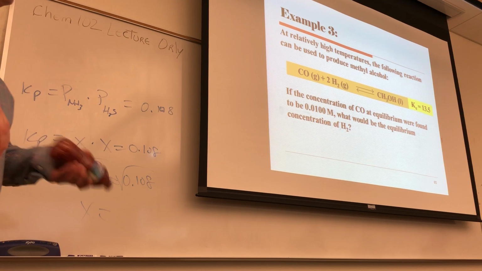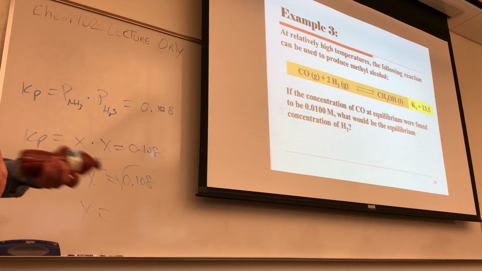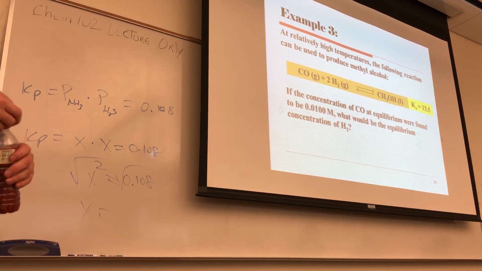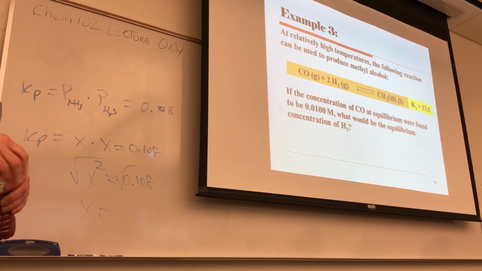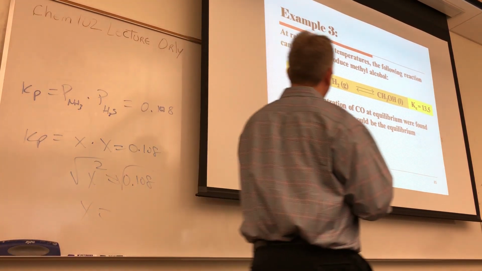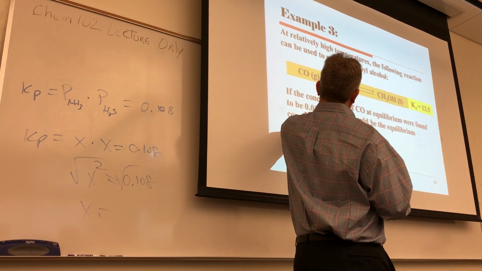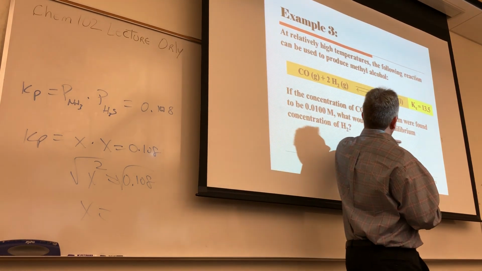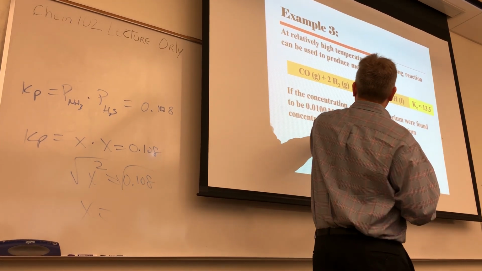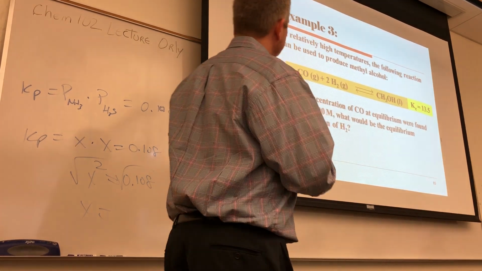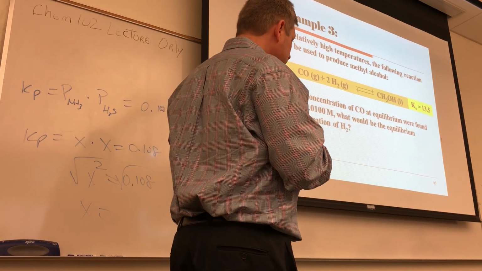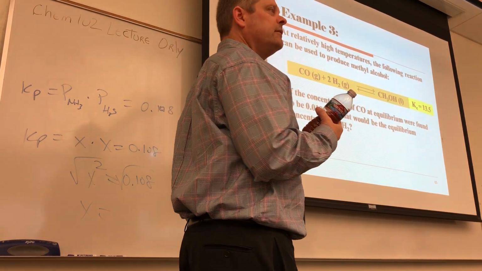So what's going on here? What do I need to do? The first thing is, you see concentration, you can do what? Ice charts. Okay. I have concentration at equilibrium. If the concentration of CO at equilibrium were found to be 0.010 molar, what would be the equilibrium concentration of the H2? This is kind of easy, right?